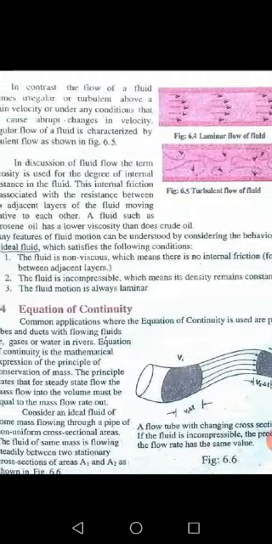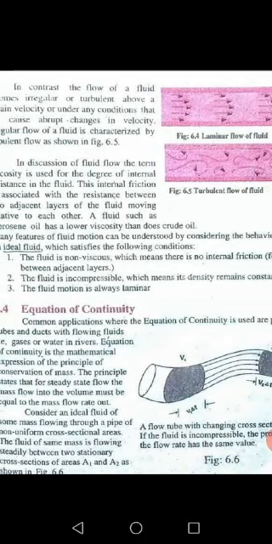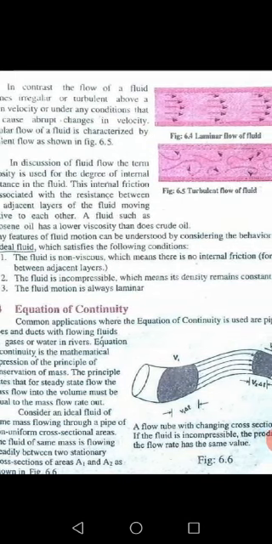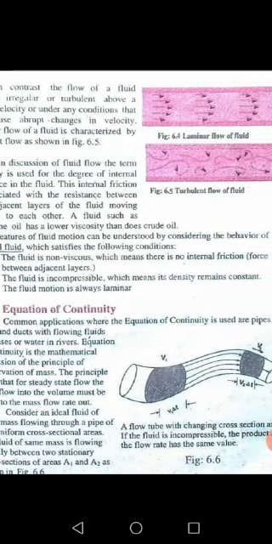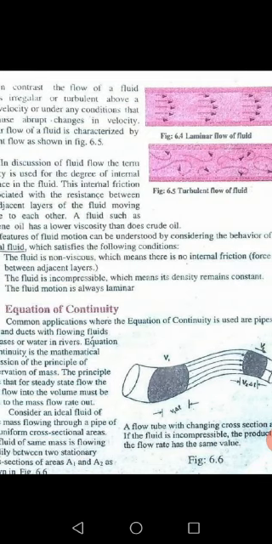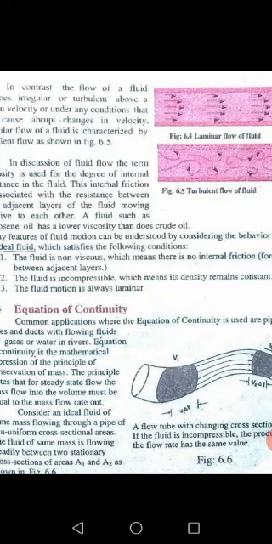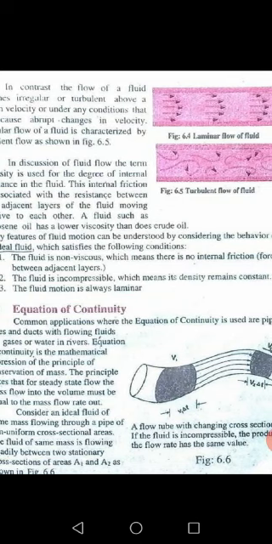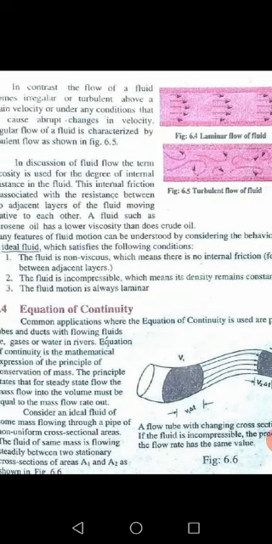Second, the fluid flow is incompressible, which means its density remains constant and is never going to be changed. The third one, the fluid flow is always laminar. The steady fluid flow is always preferable as an ideal fluid flow.